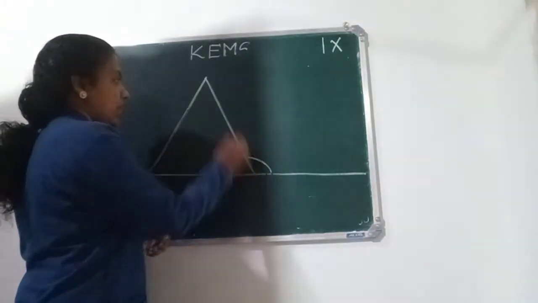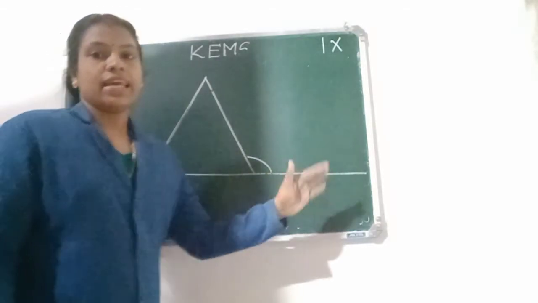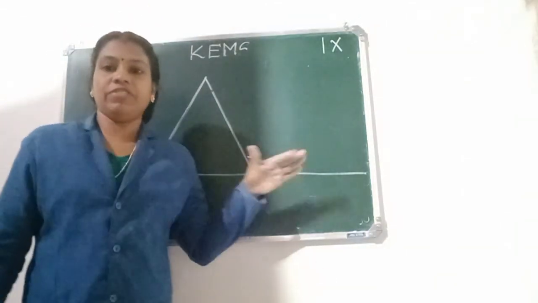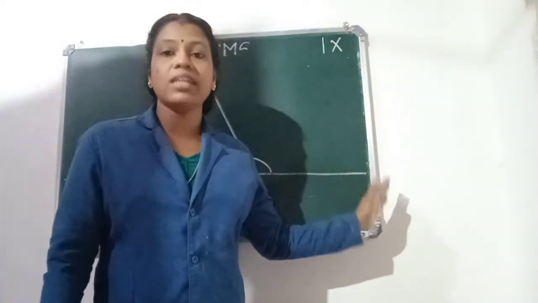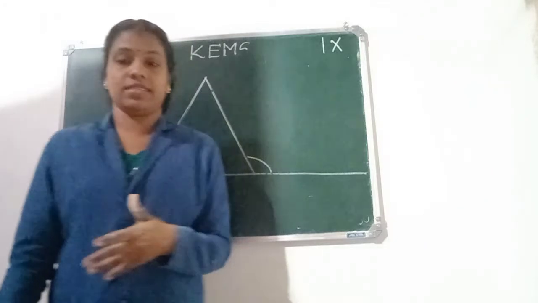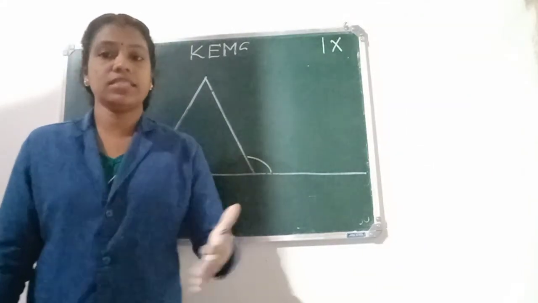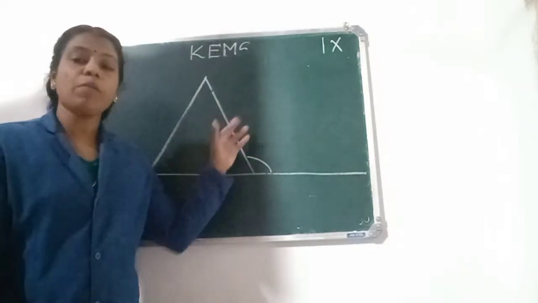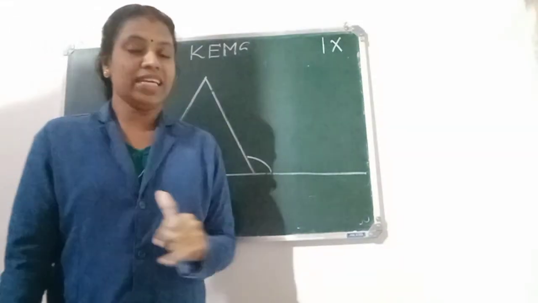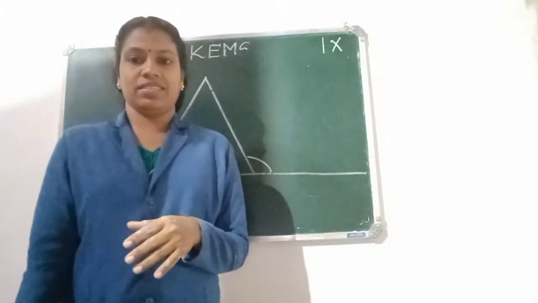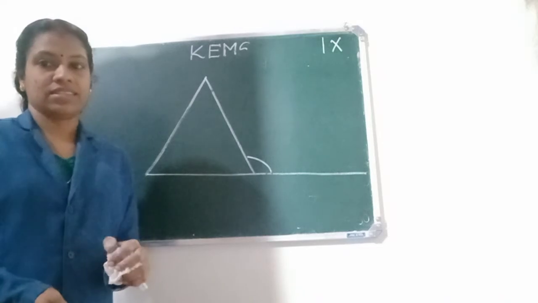These three angles are called interior angles. The angle so formed is called the exterior angle, and it is equal to the sum of the two interior opposite angles.